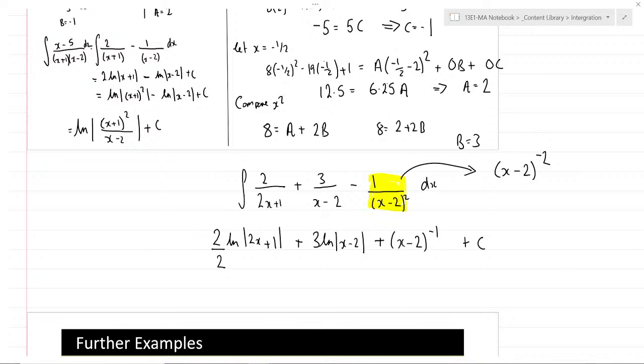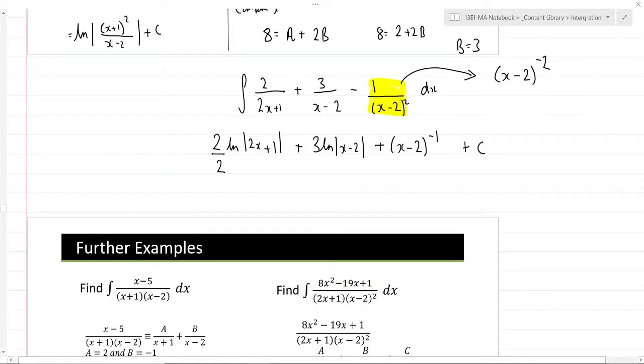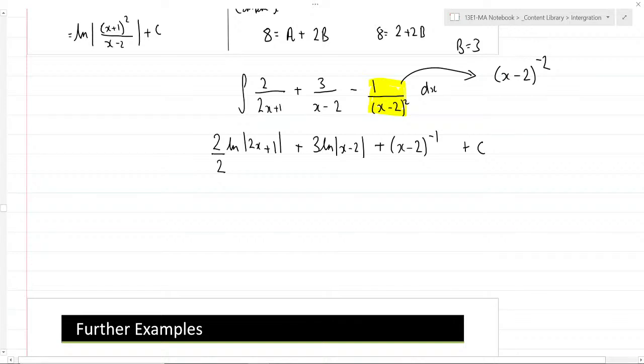Okay. I would then probably simplify this. Oh, I'd combine that as well, wouldn't I? So this is equal to ln of ((2x plus 1) times (x minus 2) to the power of 3) plus 1 over (x minus 2) plus c.